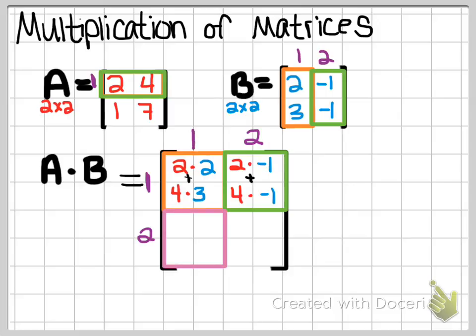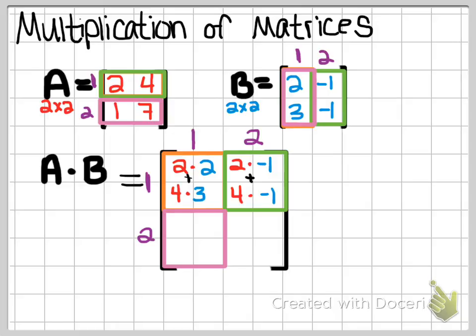Now let's see if we can find our third element with a little bit easier method. So again, this third element in my answer matrix is known as 2, 1. So in my first matrix A, I'm going to highlight my second row, and back in matrix B, I'm going to highlight my first column.